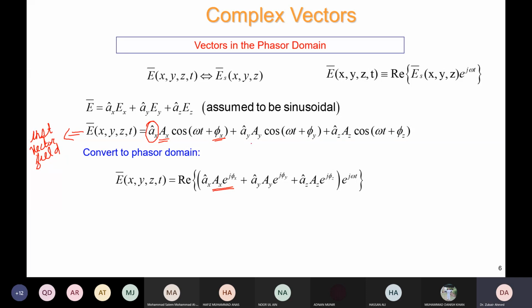Similarly, for the second component, we pick the amplitude ay and phase phi y and write it as the phasor ay exponential of j phi y, and because it's a vector, we also write the ay unit vector. Similarly, for the third component, we pick the amplitude az and phase phi z and write it as az exponential of j phi z, and because it's a vector, we write the az unit vector. So this whole three-component thing is a phasor vector.